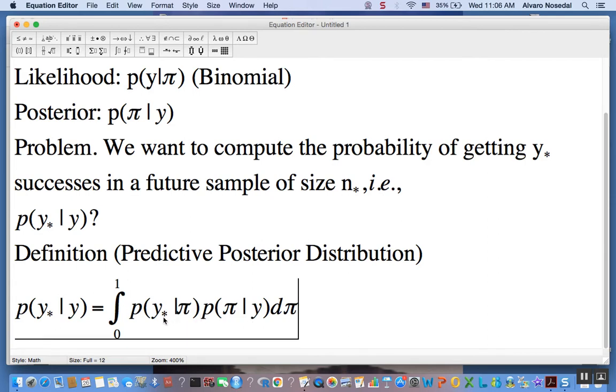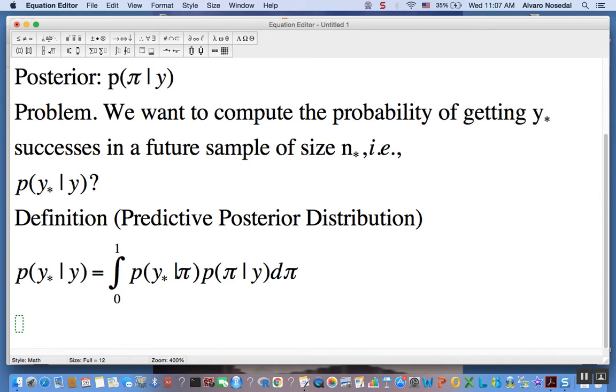We want to compute the probability of y star given a particular value of pi, but we take into account the information coming from our data and our initial beliefs, which we capture with the posterior. So we do this for every single value of pi from 0 to 1. Can you see it?